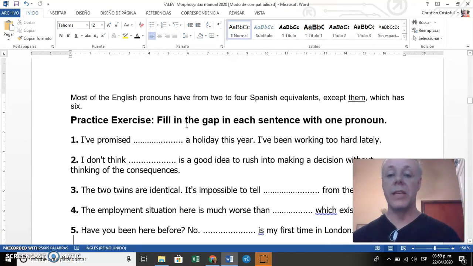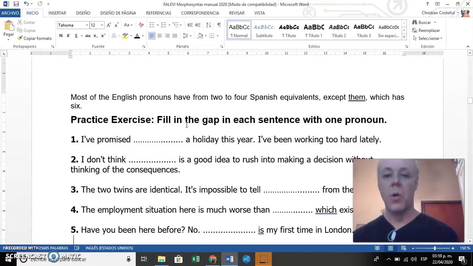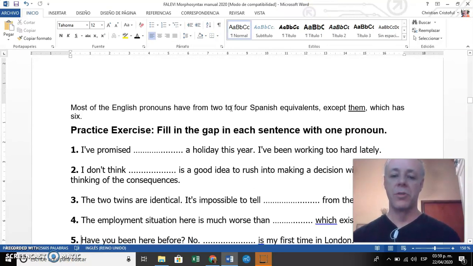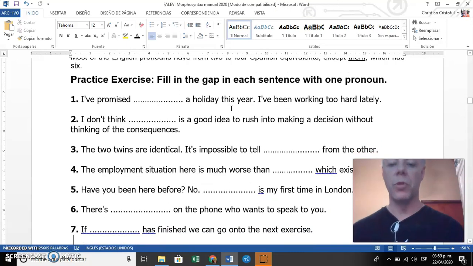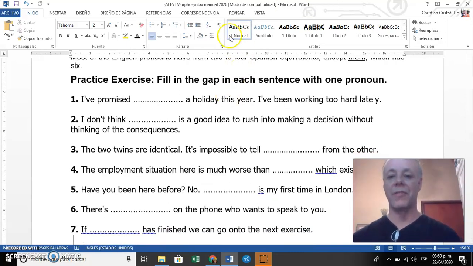Now you need to do the exercise. Okay, most of the English pronouns have from 2 to 4 Spanish equivalents, except them which has 6. This comes from the previous paragraph. And then you have 2 exercises. The first one says fill in the gap in each sentence with one pronoun. For example, I have promised a holiday this year.